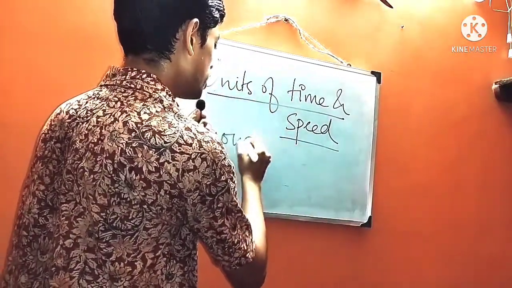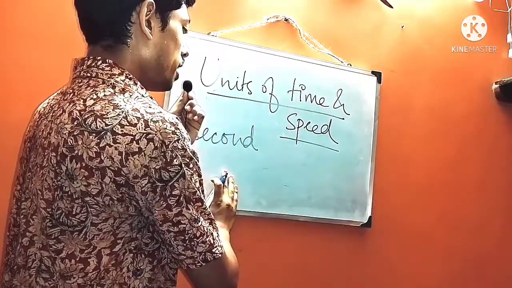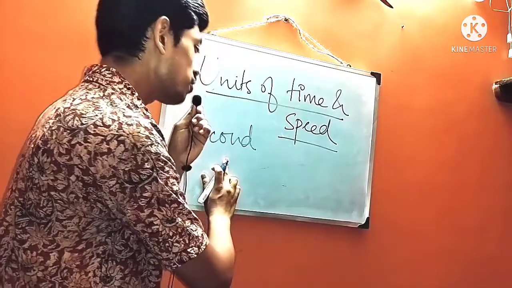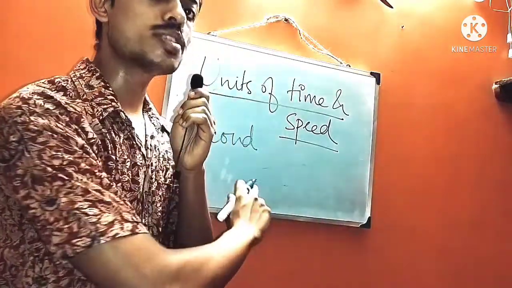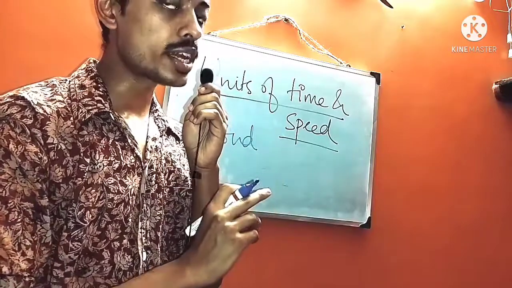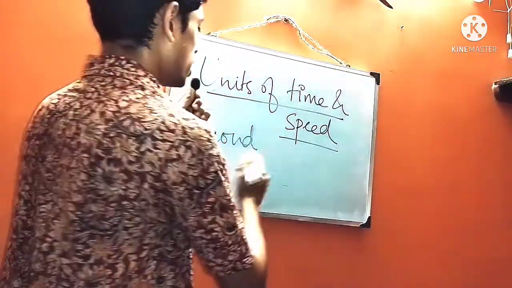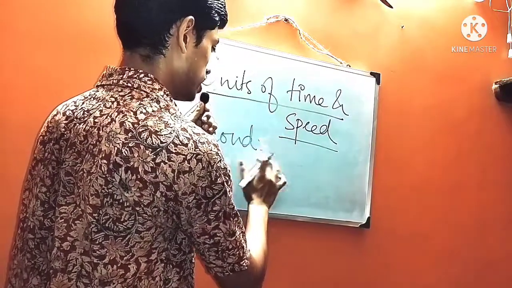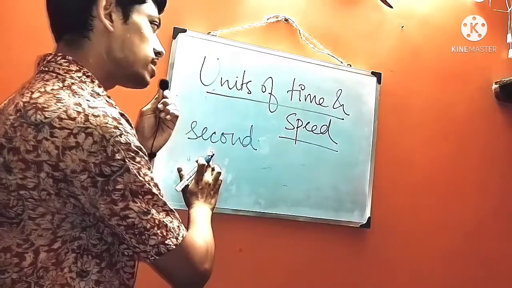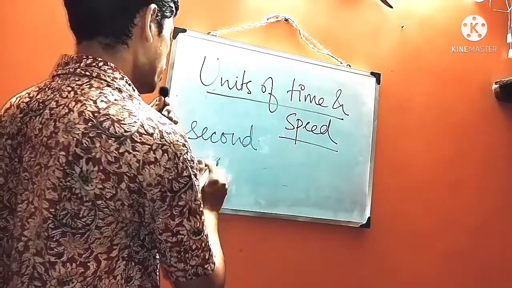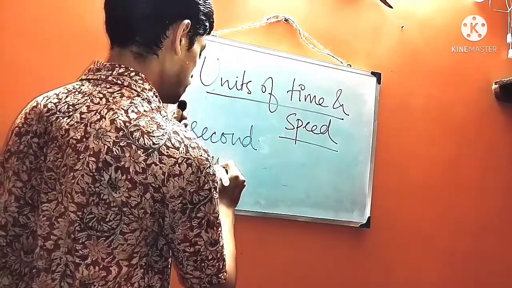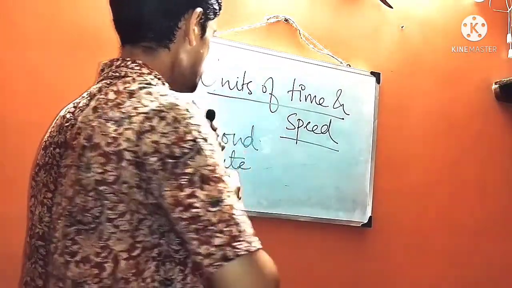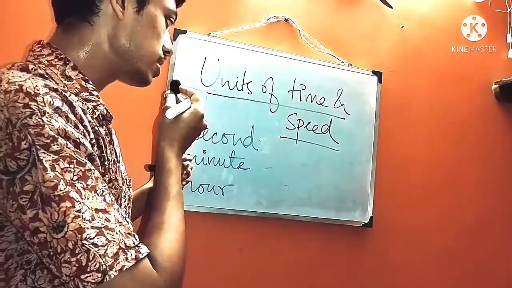Whenever we use the units, we use them in the singular form, not in plural form. Like in case of seconds, we won't use seconds, we would use second. This is the basic unit of time. The other units of time are minute, hour, but the main basic unit is the second.